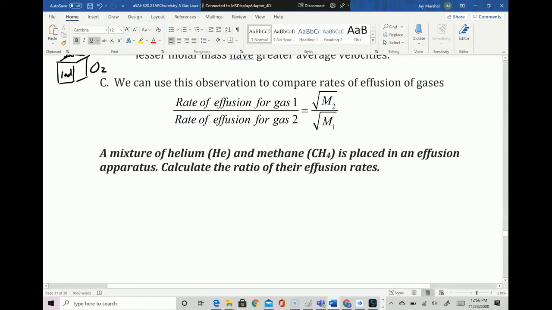And the thing that we can do is compare experimentally the rates of effusion of gases. Okay, so if I say that the ratio of effusion for gas 1 to gas 2 is something, then it's going to be the inverse ratio of the square roots of their molar masses.